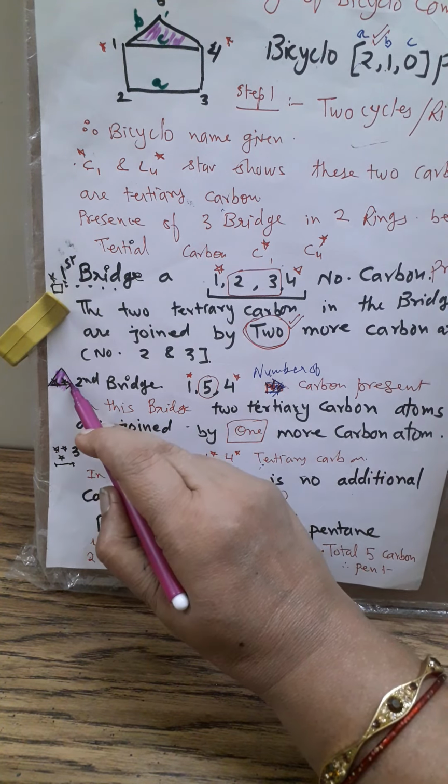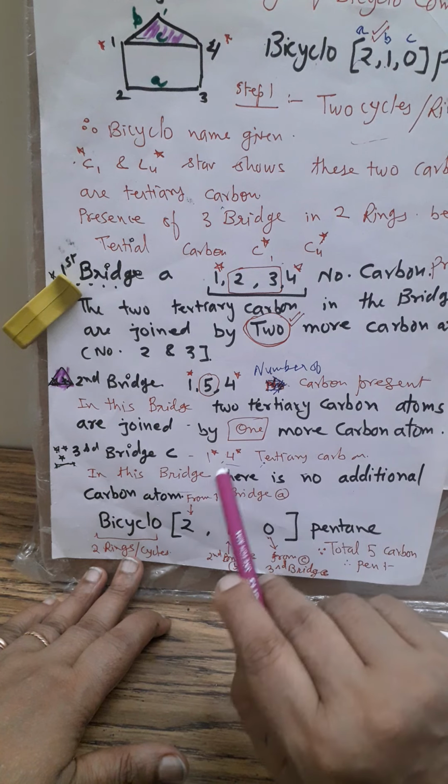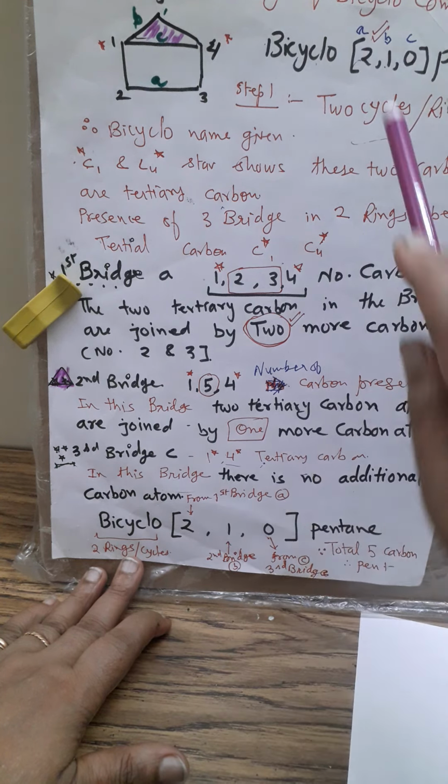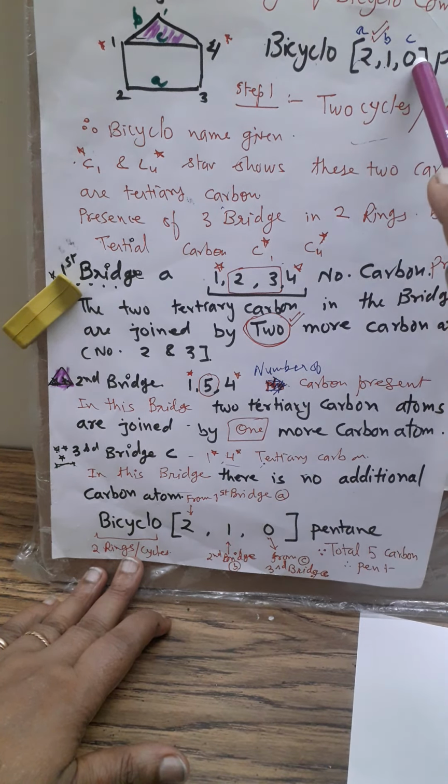So I have written 1, which is coming from bridge B. And then between 1 and 4 there is no other carbon, so that is 0. So there is no additional carbon atom between C1 and C4. That is why we will write 0 here at the last. This 0 is coming from the C.